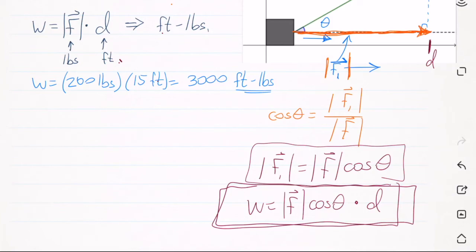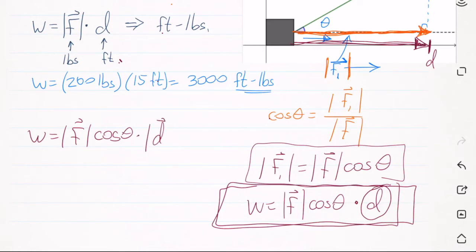Alright, so another little side note on this formula is if d was also written as a vector, this distance that we're covering can also be written as a vector. If I could write that as a vector, then we would have work is equal to the magnitude of the force vector cosine of theta times the magnitude of the distance vector.